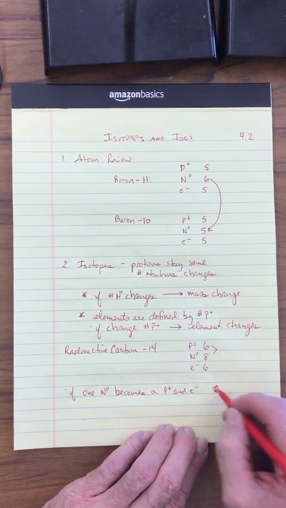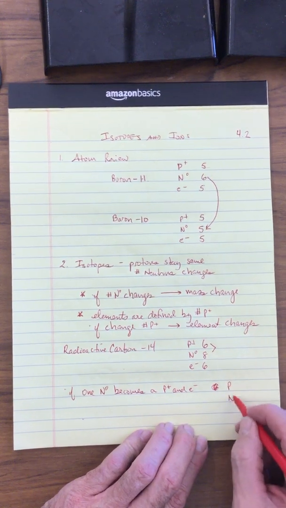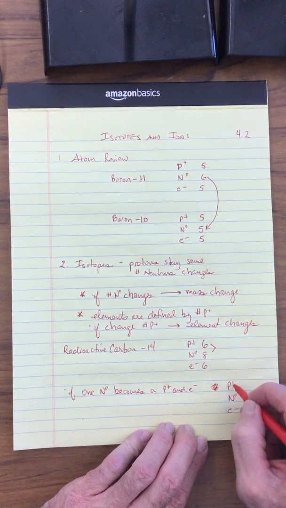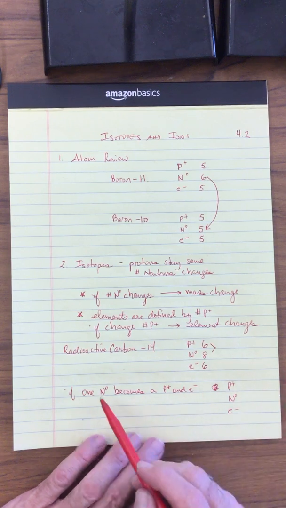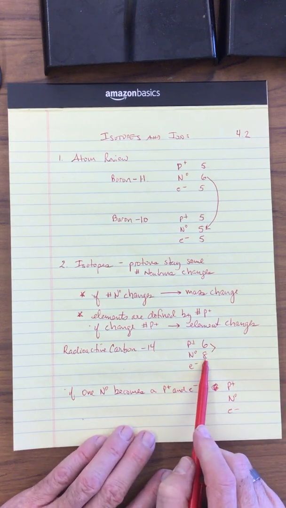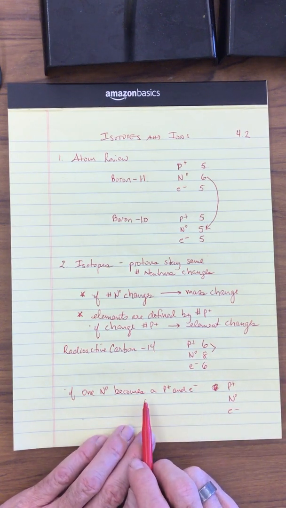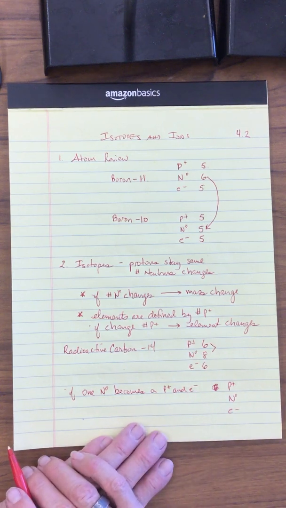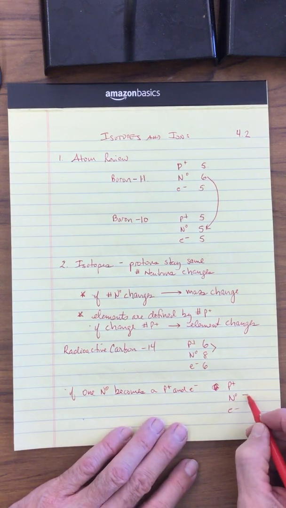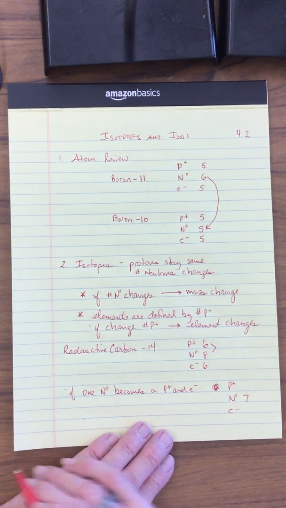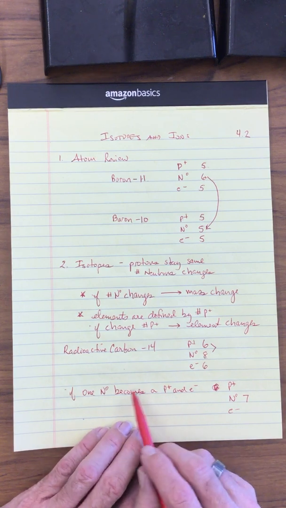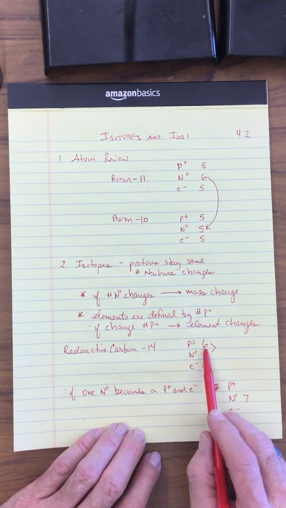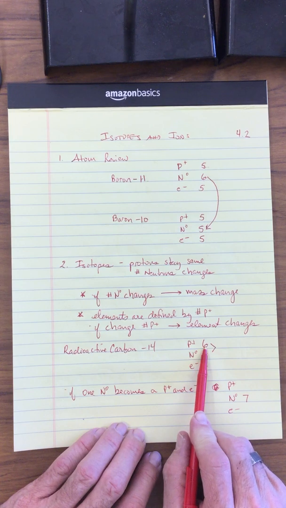We have protons, neutrons, and electrons. So one of my neutrons, I had 8, just broke down. How many do I have now? I have 7. One of those neutrons became a proton. We previously had 6 protons.